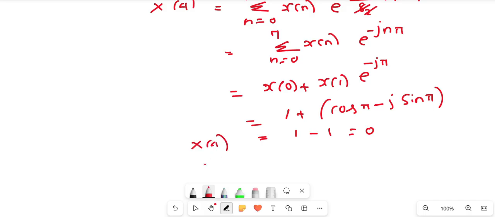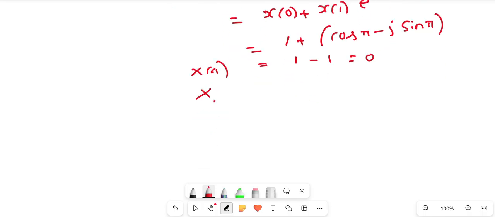Now X of 5. See, if you find the first 4 sequence, you can compute the other sequences by using the symmetry property. What is the symmetry property? X of k is equal to the complex conjugate of X of N minus k.